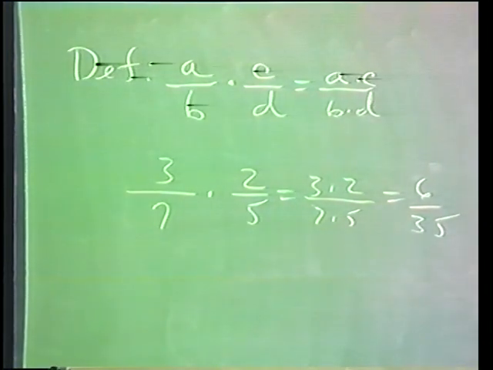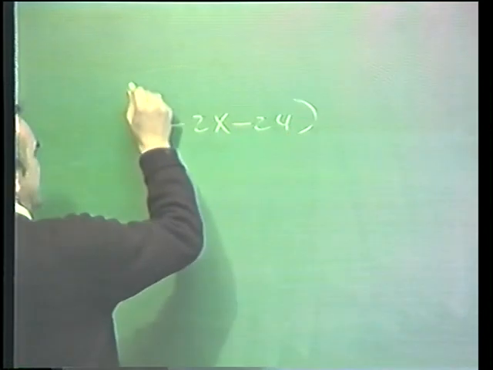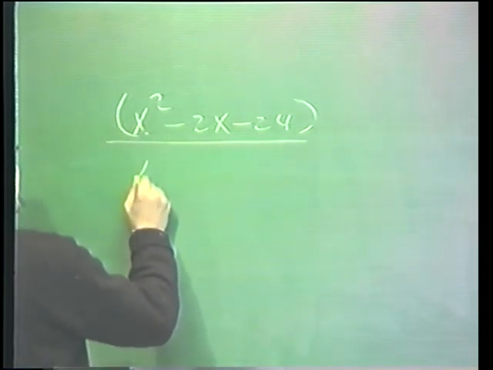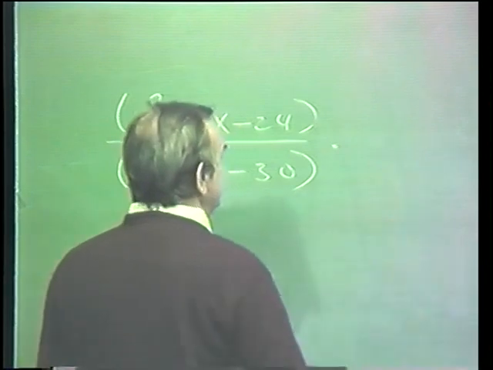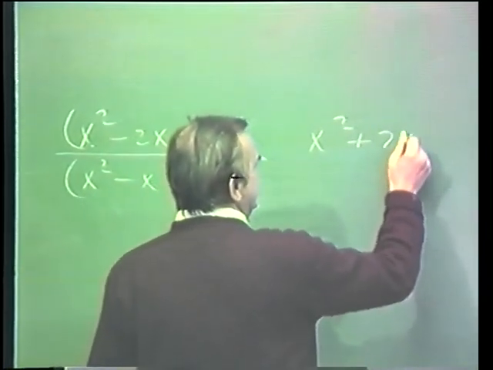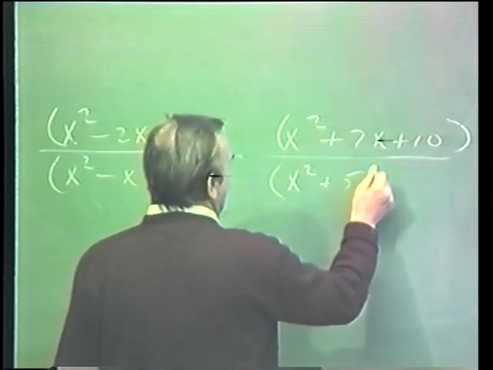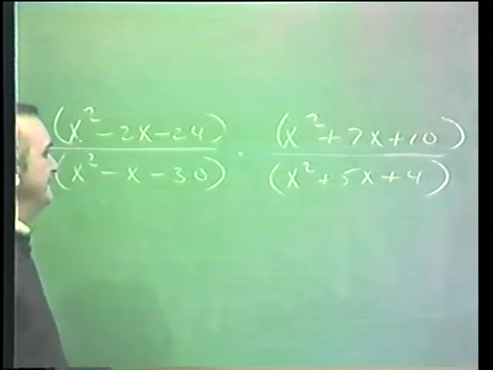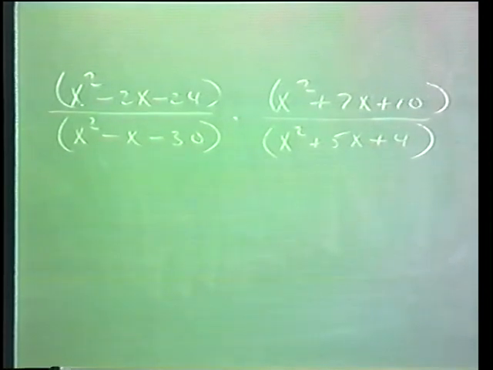I'd now like to show you an algebra problem dealing with multiplication of fractions. x squared minus 2x minus 24 over x squared minus x minus 30, times x squared plus 7x plus 10 over x squared plus 5x plus 4.